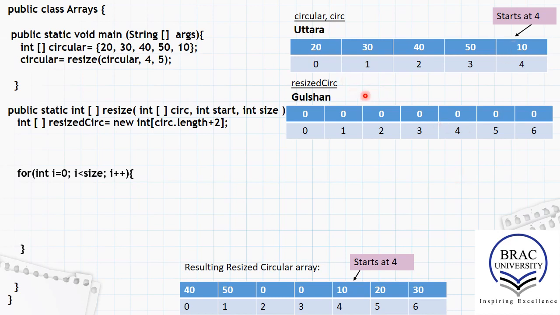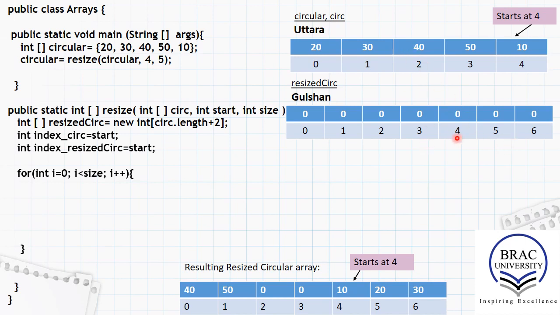One index variable will be used to control this array, and another variable to control this array. Index underscore circ will be used to iterate the array under Uttara, and index underscore resized circ will be used to iterate the array under Gulshan.